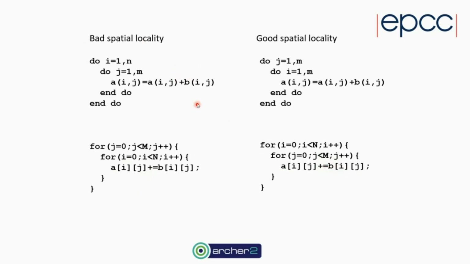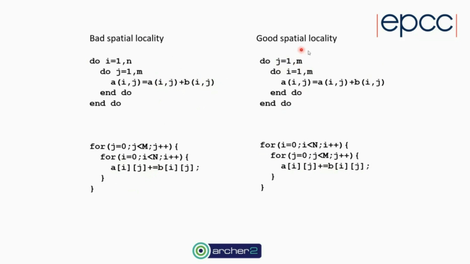And exactly the same in Fortran, except it's the first dimension, the leading dimension, which is contiguous. So here, if you jump over J as the innermost loop, you're jumping n elements each time, so there's a new cache line load each time.